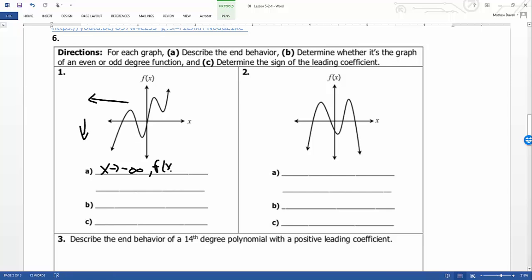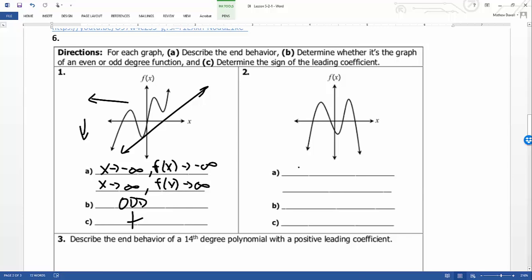So y goes to negative infinity. As x goes to positive infinity, my y goes to positive infinity. I know it's going to be an odd degree function because one's going up, one's going down. And the sign of the leading coefficient, because it has a positive trend, I know it's going to be positive.